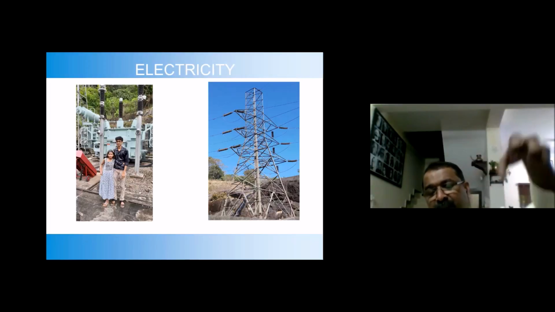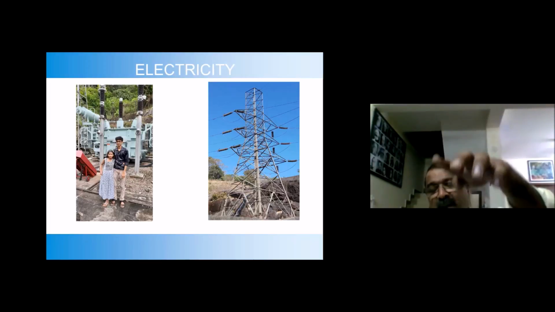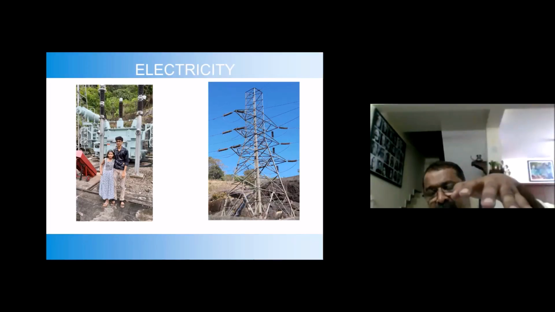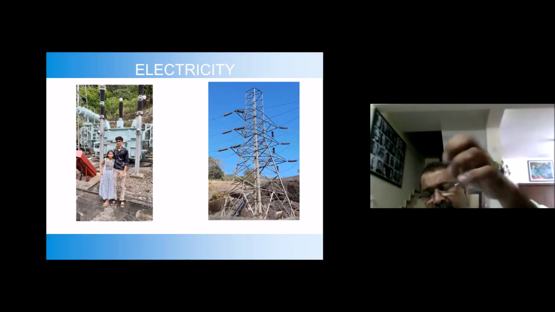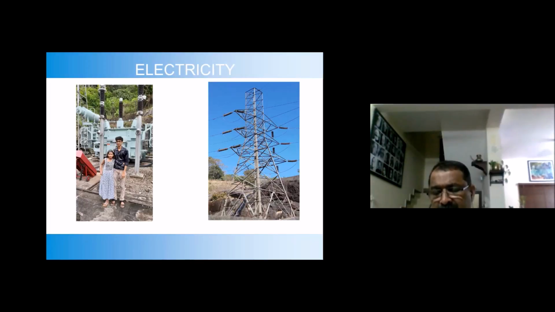Otherwise, if you put a higher voltage level to that equipment, what will happen? Higher voltage means you are trying to inject more and more charges, meaning that a higher level of current will flow through that thing. Each equipment has got a thermal capacity.